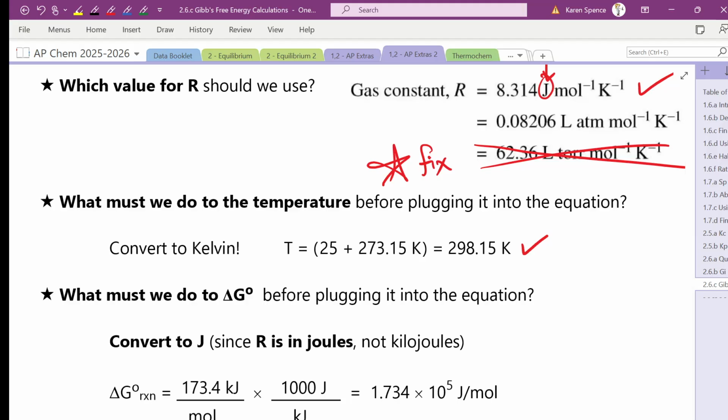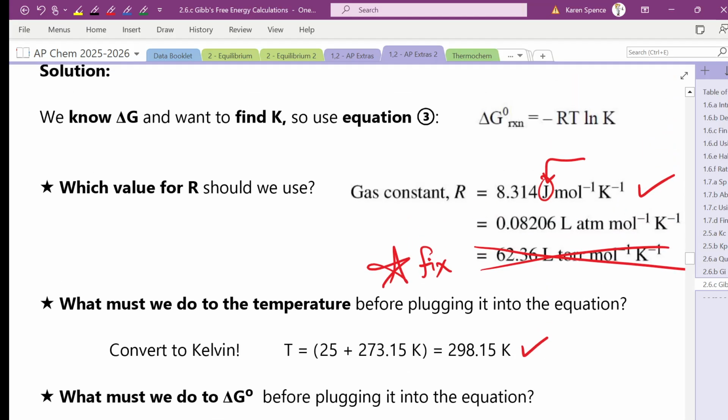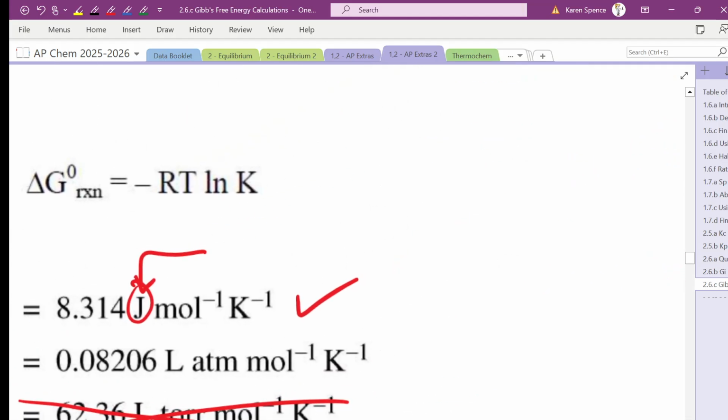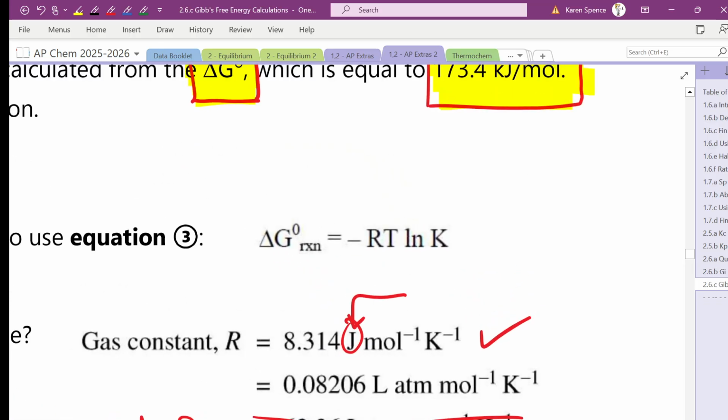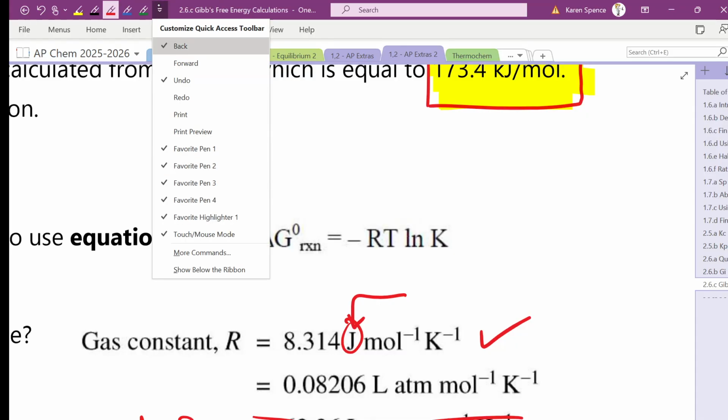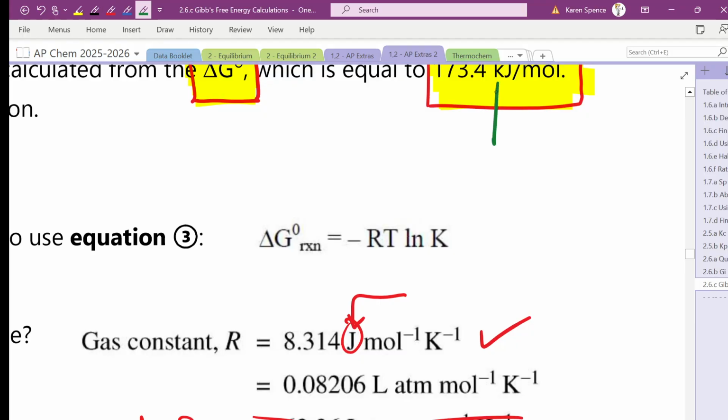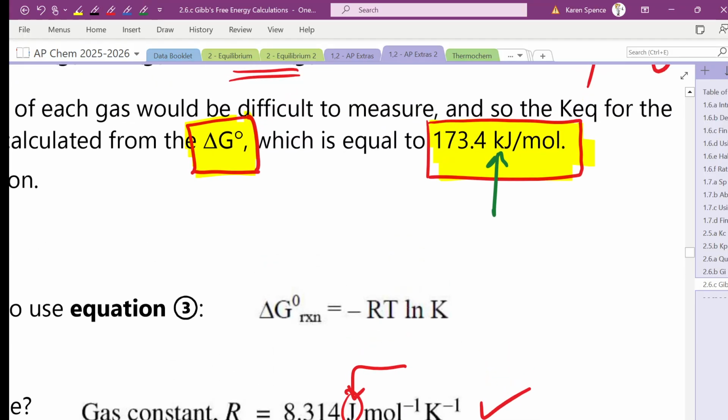What do we have to do with delta G before plugging it into the equation? Let's look at our R value. We need to make the kilojoules into joules because we've got kilojoules here, and we have joules here. So we need to make those consistent.